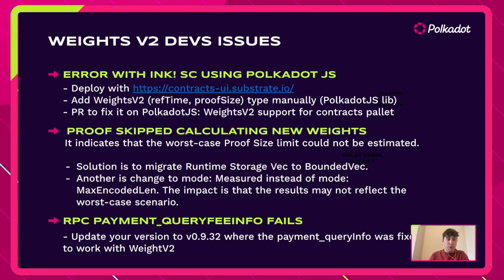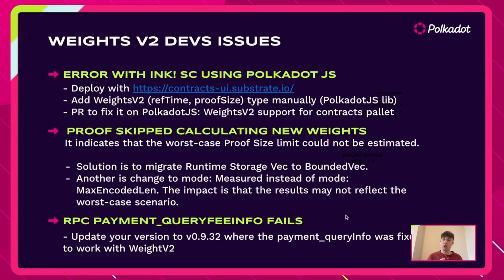Another error that some people found is an error when calculating new weights. There was a proof skipped error message there, and this indicates that the worst case scenario for the proof size limit couldn't be estimated with the CLI tool. The best practice when you are developing Substrate FRAME is to have all the storage bounded, so to have a limit on all the storage. So the solution is to try to have all your storage bounded.